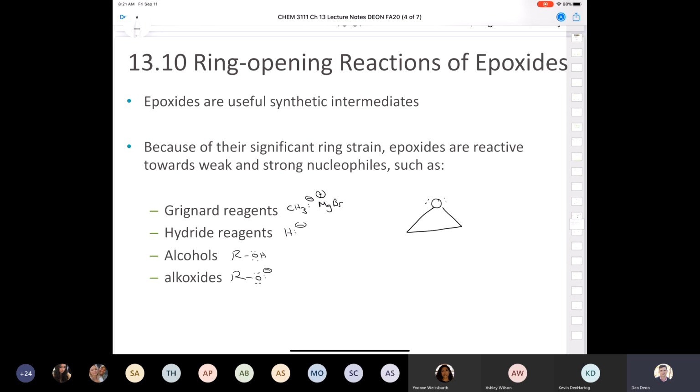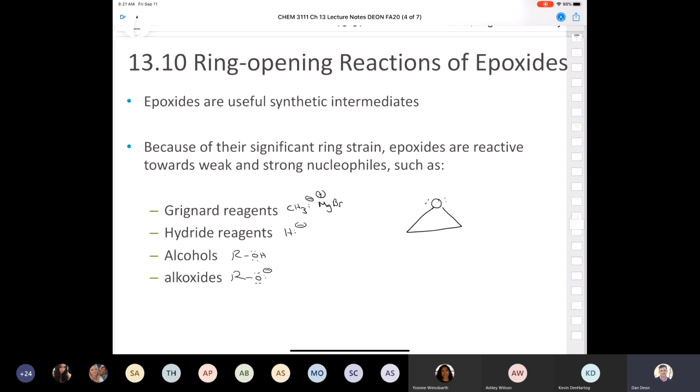If you really need to go into detail on it, if you want to look at it in terms of what it looks like in the chair conformation, since this is a cyclohexane ring, and this is not shown in our textbook, and I know you probably don't love it when I talk about things that aren't in the textbook, but let me show you. If you have an inquiring mind, I'll try to draw the epoxide. So you have your 6-membered chair like this.